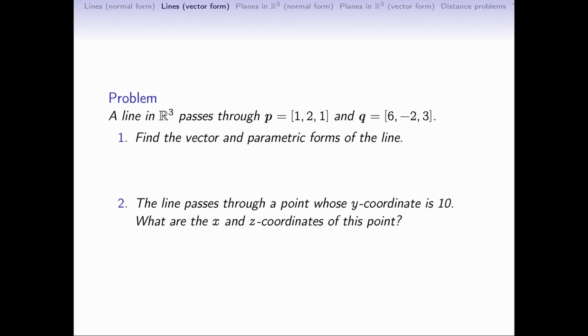So I've got P and Q, both in some sense position vectors on this line. So our first task is to generate the vector and parametric forms of the line based on that data. And then in part 2, I'm telling you something about one of the points that this line is passing through. I'm telling you that the y coordinate of a point that this line is passing through is 10.